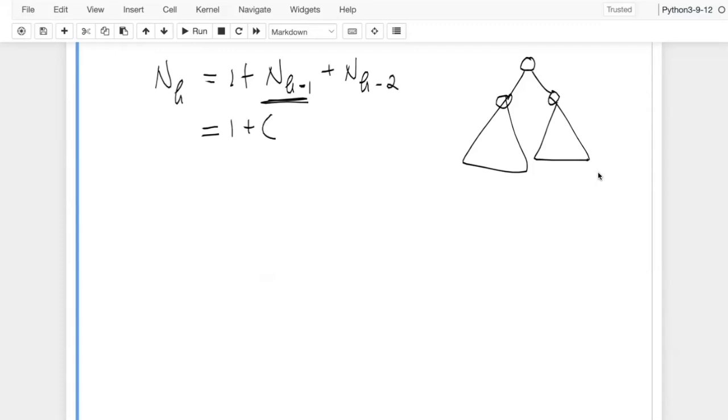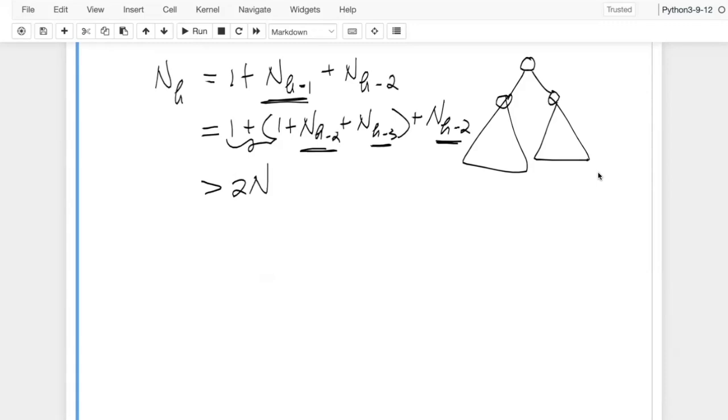We write n_(h-1) using this recurrence relation, then we get 1 plus n_(h-2) plus n_(h-3) plus n_(h-2). As we can see here, we got two copies of n_(h-2), and the rest is non-negative, so it's greater than 2 times n_(h-2).